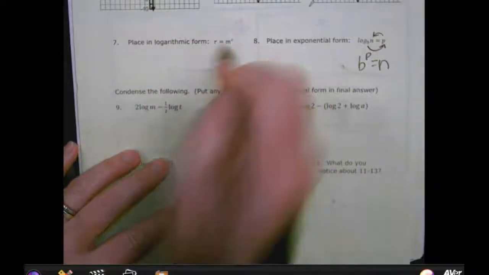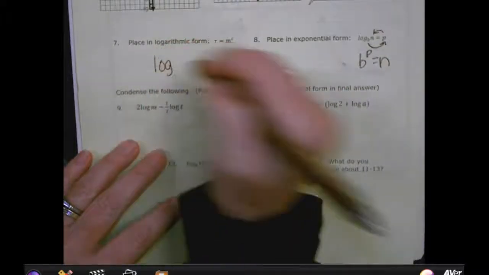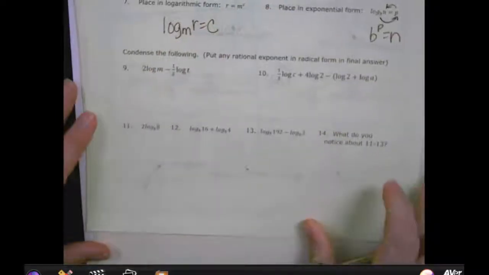So look at that example. Where is the base? What letter is the base? M. So what goes next to the R? And it equals C.